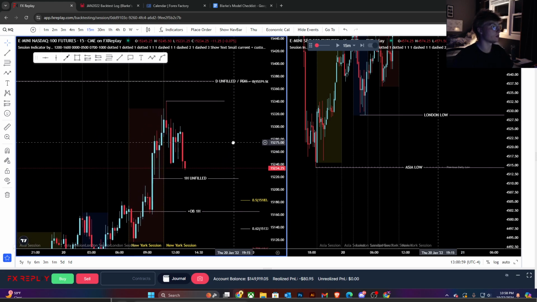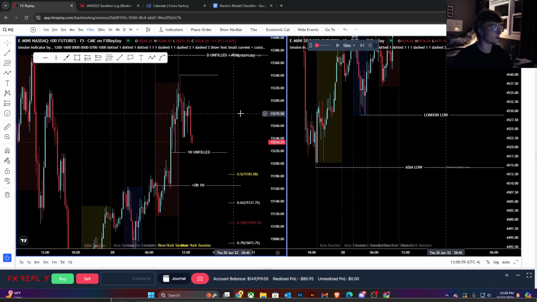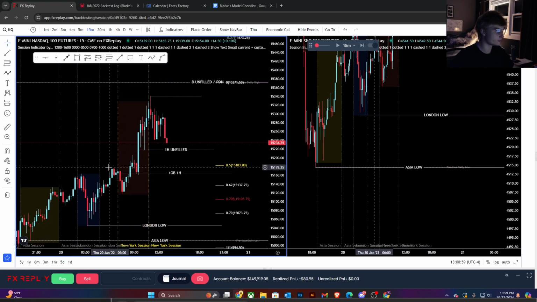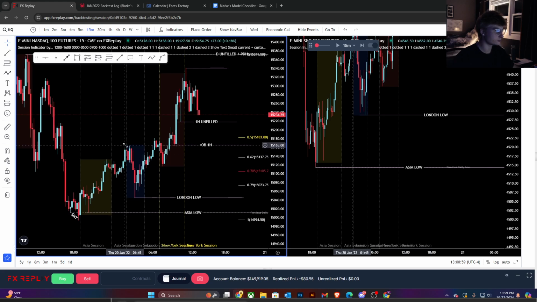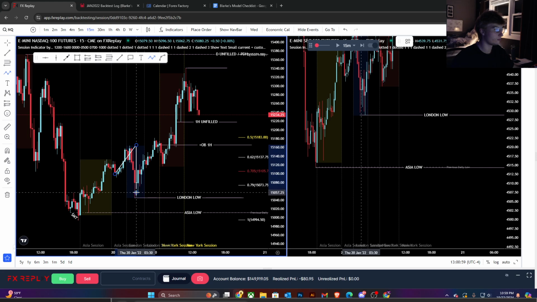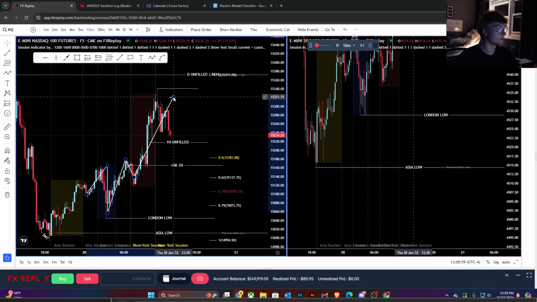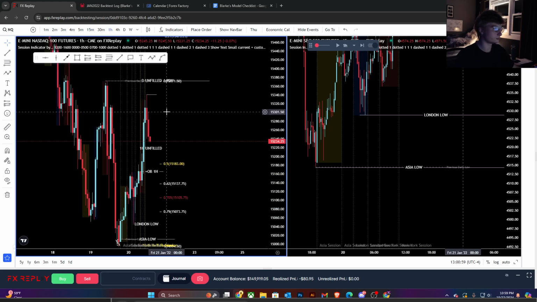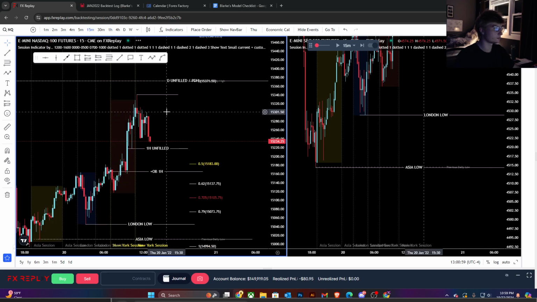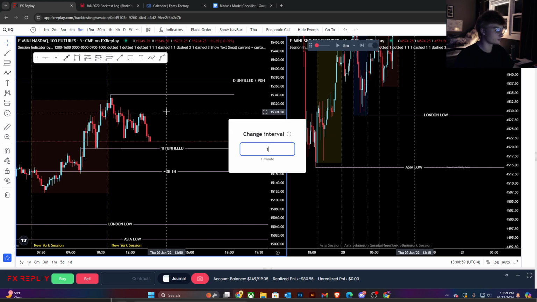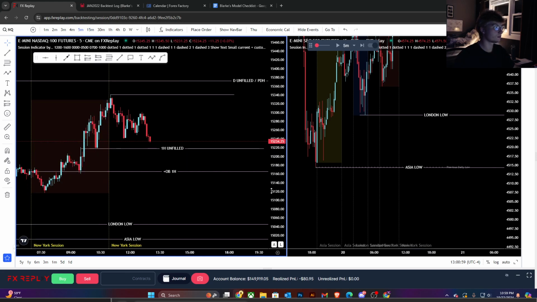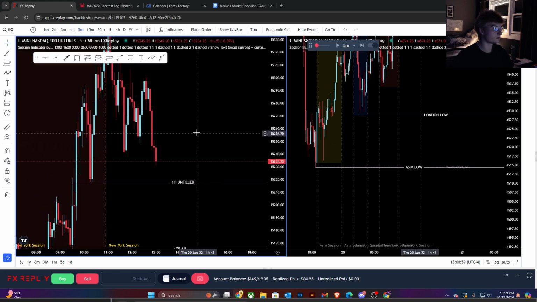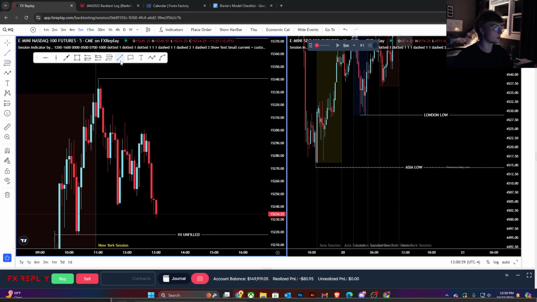Also, let's see what we're forming here. Looking for any breakers, anything like that. This breaker here. Tap in. Respected that breaker. This LR above as well.